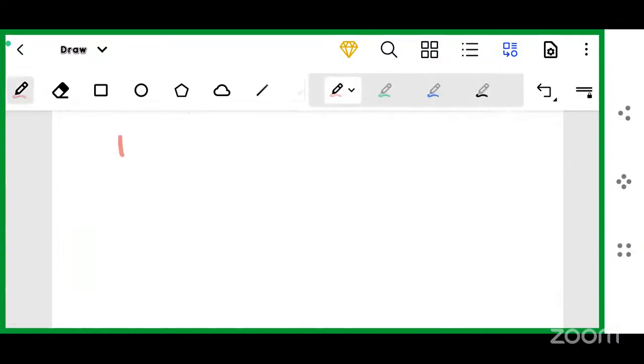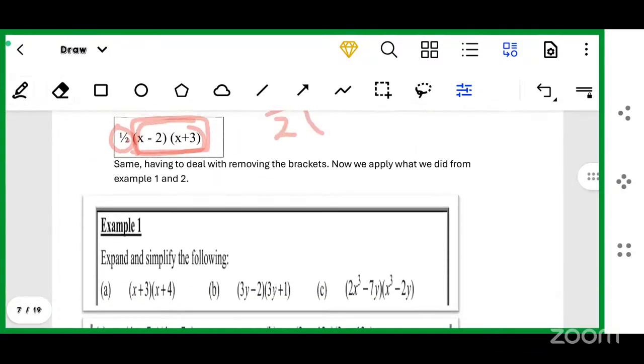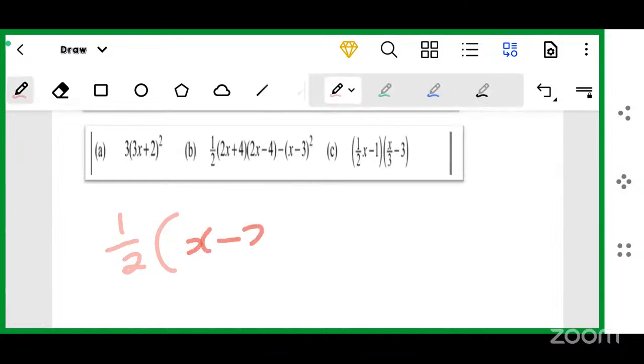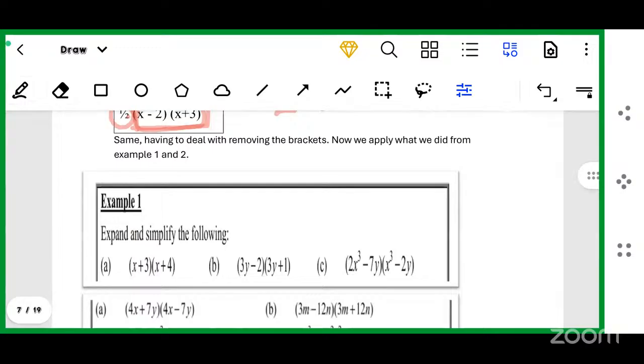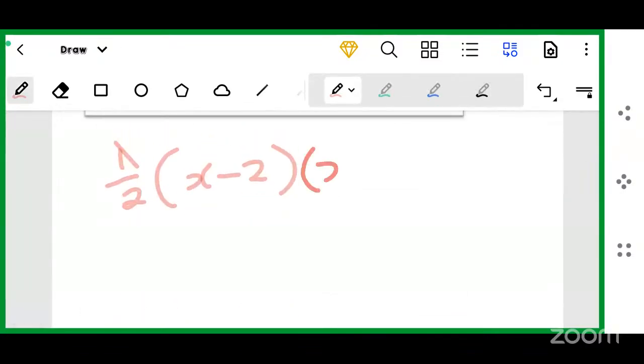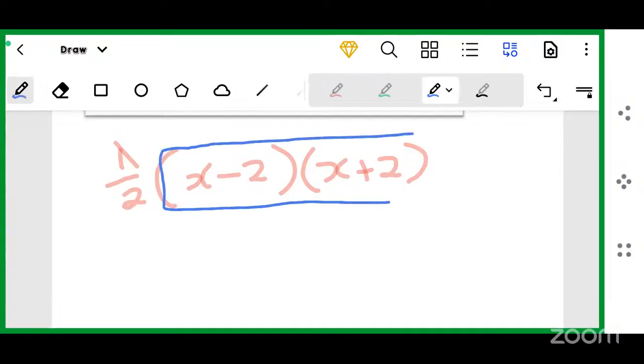So let me say we have 1/2 open bracket, x minus 2 close, x plus 3. We can decide to work out this one first by dropping this, and then we work it out after.